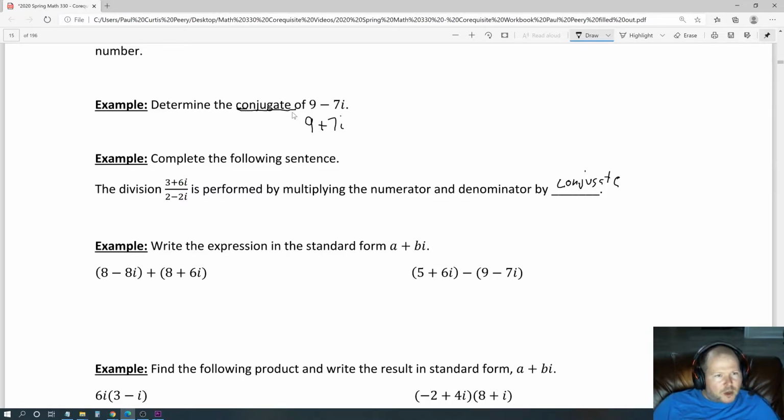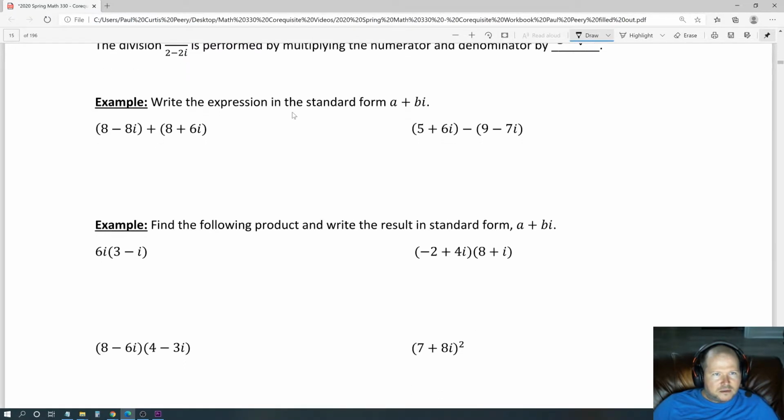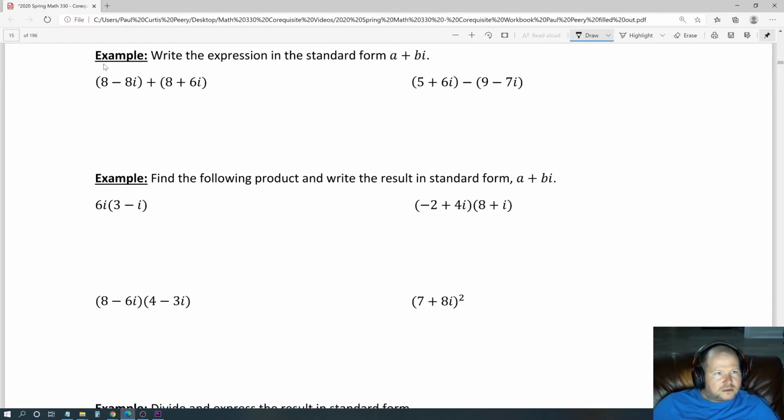Okay, so write an expression in the standard form of a plus bi. Let's try that. So, what you do is you combine like terms. You basically treat the i at this point as a variable. So you're saying -8i plus 6i, and that would give me a -2i. Now, the order is not an accident that says a plus bi.